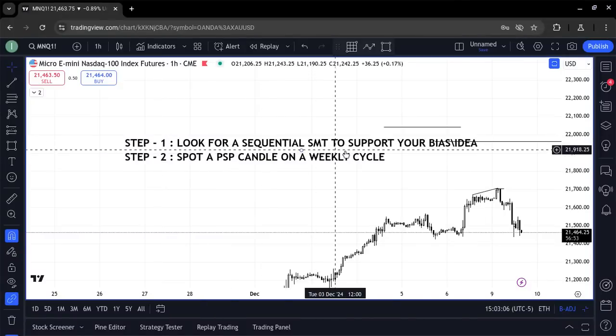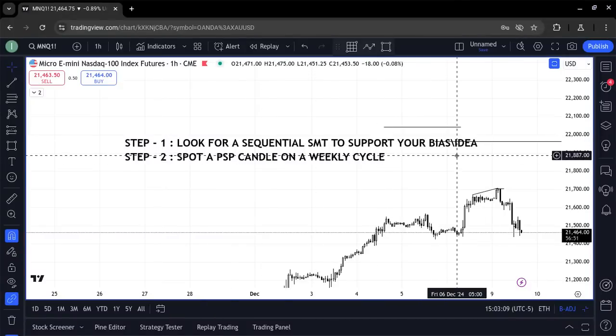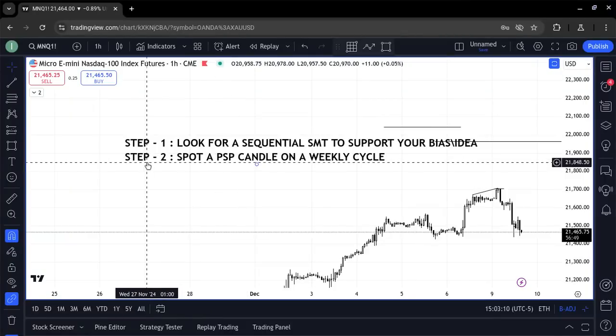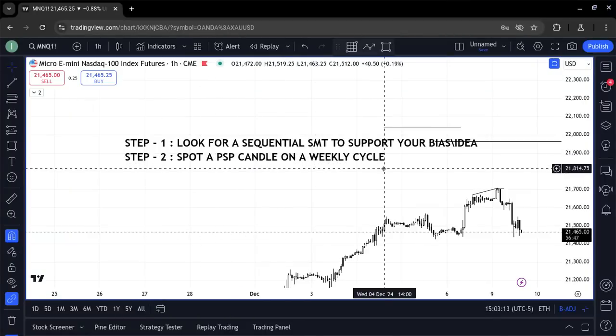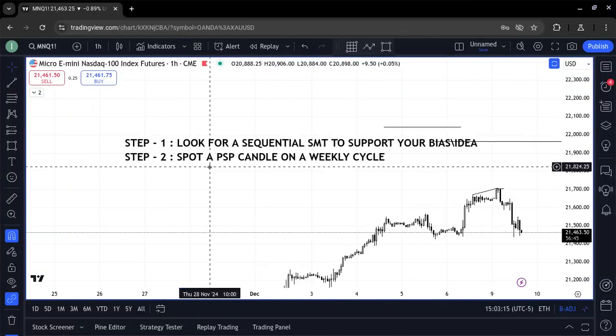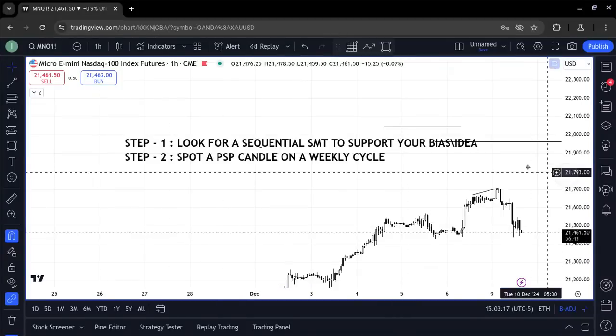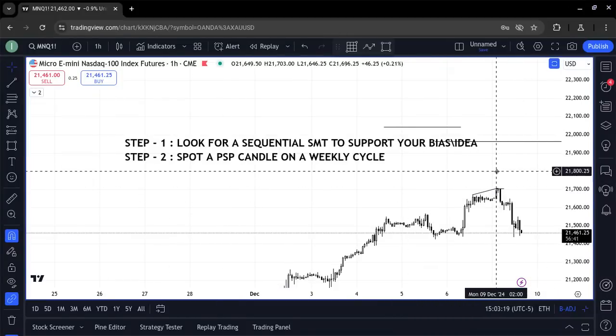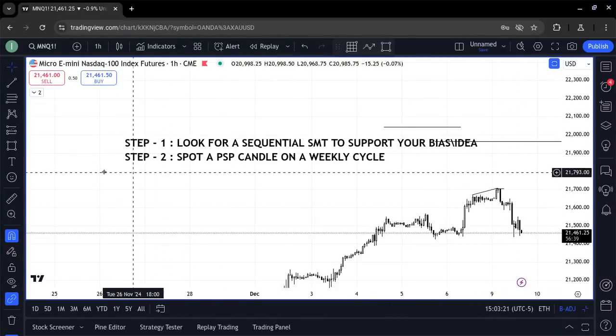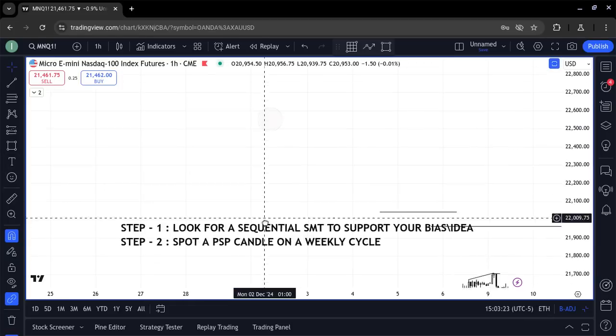Step 1, look for a sequential SMT to support your bias or idea. Step 2 would be spot a PSP candle on a weekly cycle. That PSP candle in and of itself is the second candle of the CRT range. Listen to what I've said.